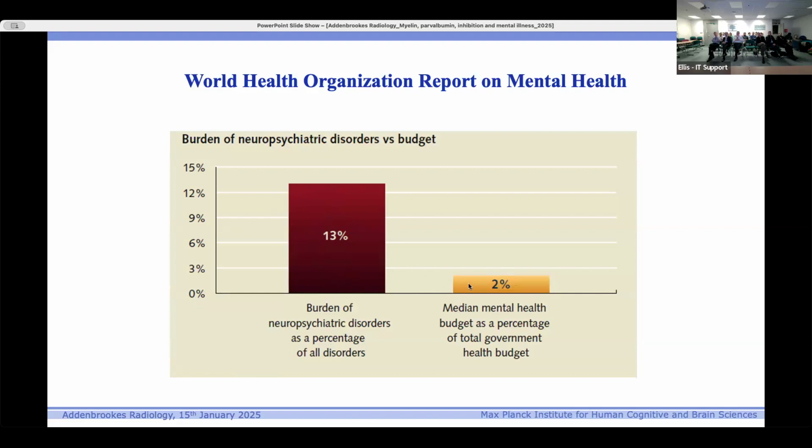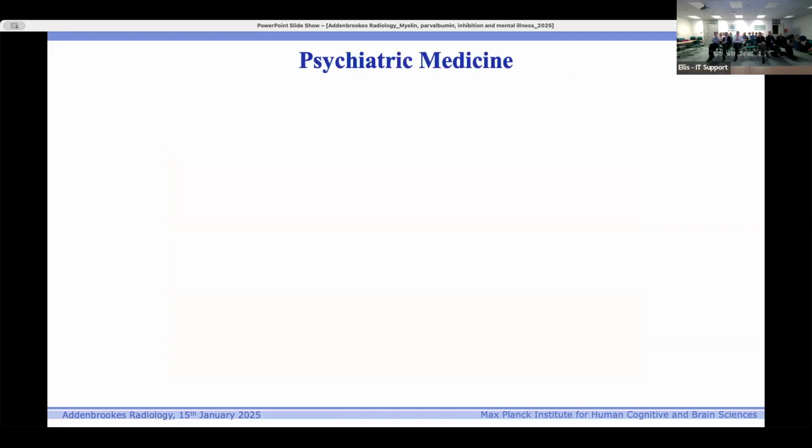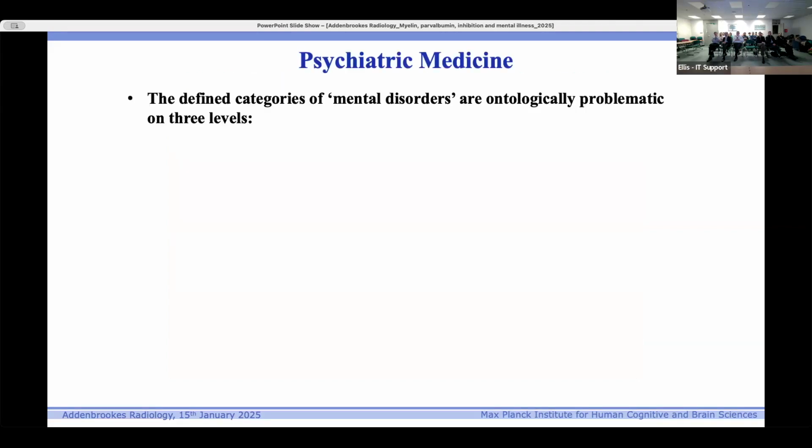But the budget as a percentage of total government health spending is about 2%. So it's a very poor relation of physical health. And there's a reason for that. It's because we don't know how to define it properly, and we don't know how to cure it.